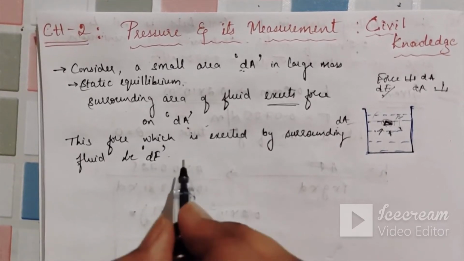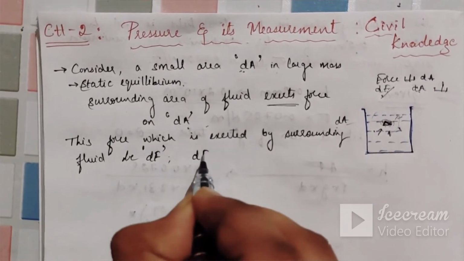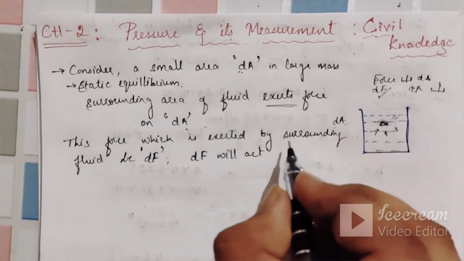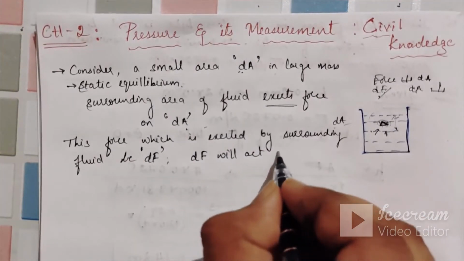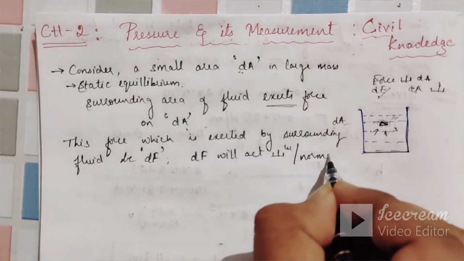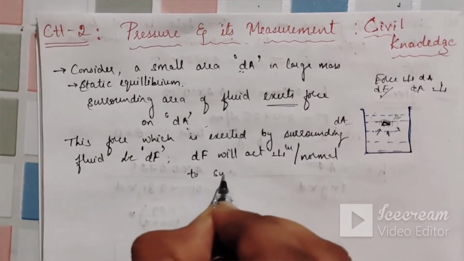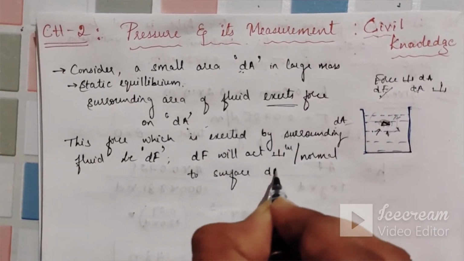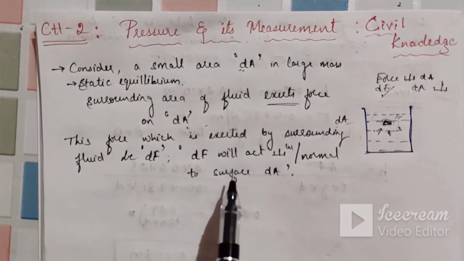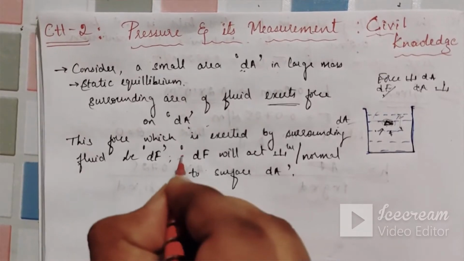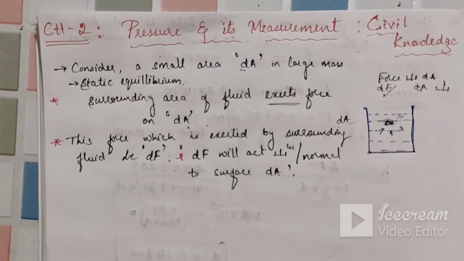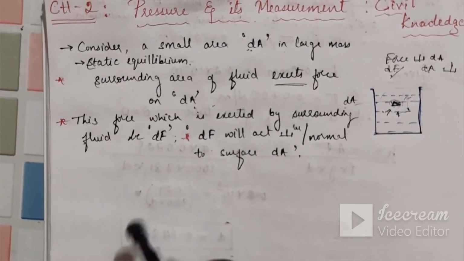This dF will act perpendicular, or normal, to the surface dA. So here 3 points are there, which are basic ones. Just understand, that's it.